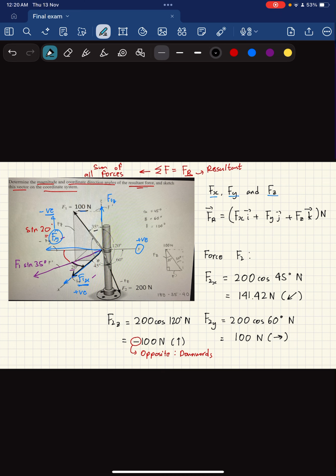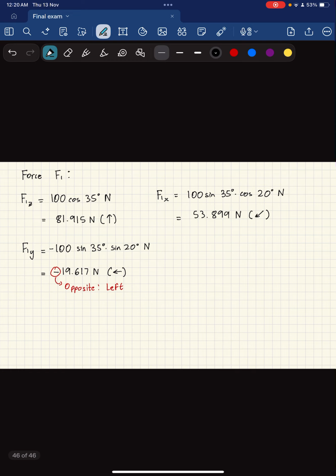So let's find the Fx component. Fx is just equivalent to F1x plus F2x.